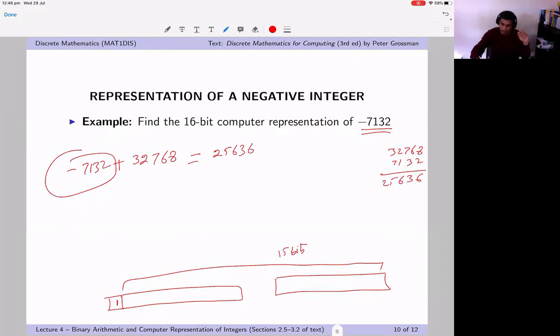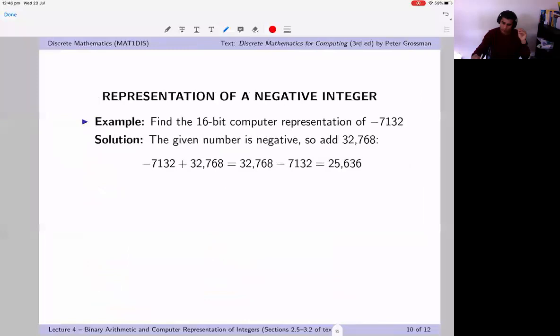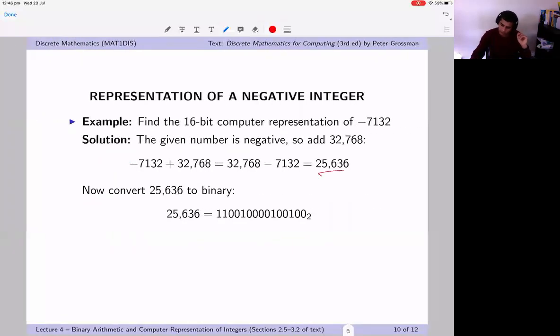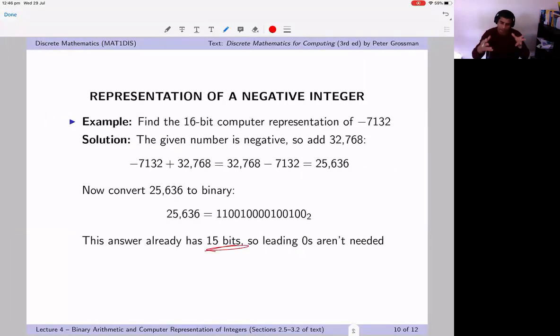Whatever that binary representation would be, that would go here in this 15 bits representation. So I have this number, I would convert that into binary, and since that is already 15 bits, I don't have to add any leading zeros.